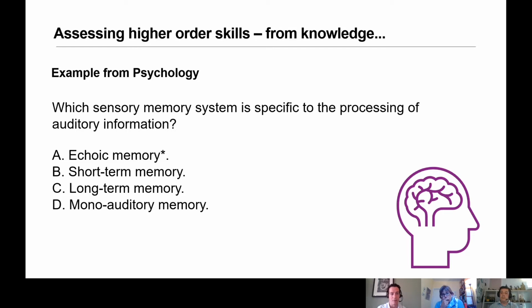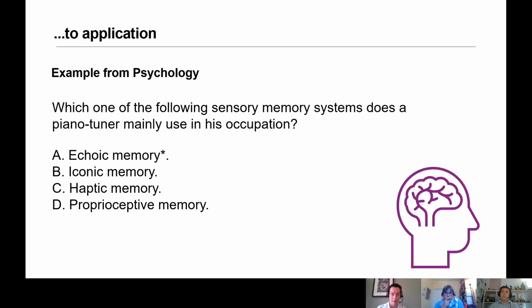So taking this example from psychology, this is to do with the memory systems in the brain. Which sensory memory system is specific to the processing of auditory information? And the answer is echoic memory. If you look at the next example, this is essentially giving the same type of options. So it's a multiple choice question.